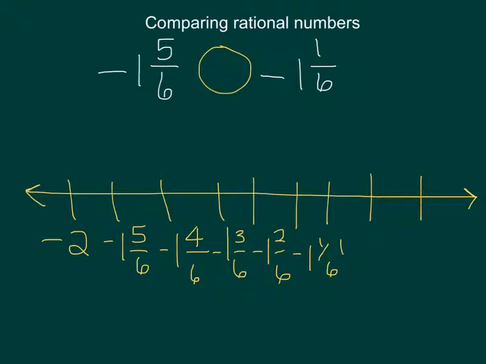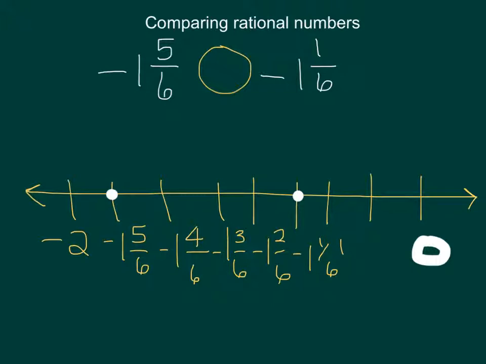So you can show that -1 and 5/6 is right here, and -1 and 1/6 is right there. Now if your -1 is here, then your 0 is over here somewhere. So that would mean that the number farthest from 0 is the smallest.